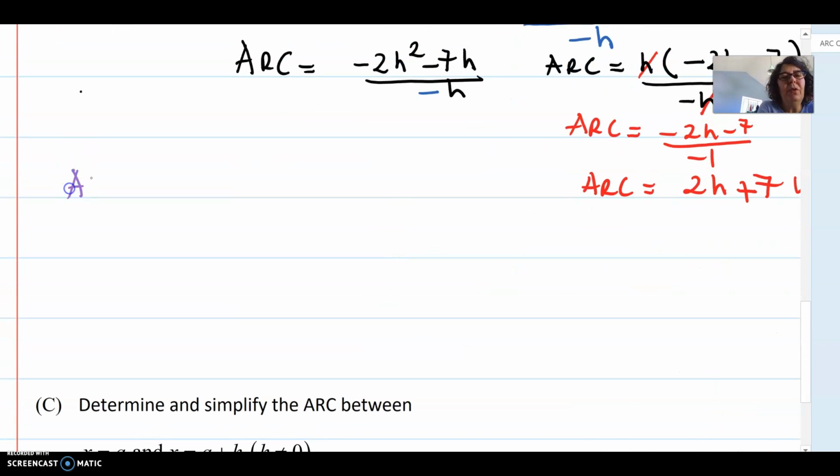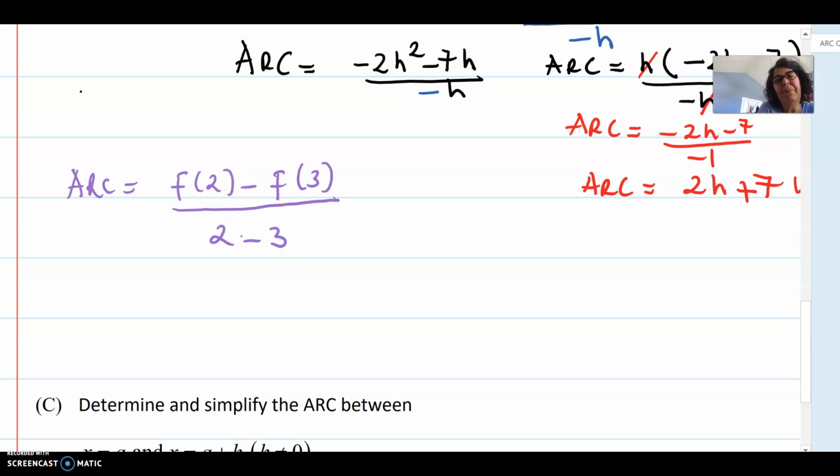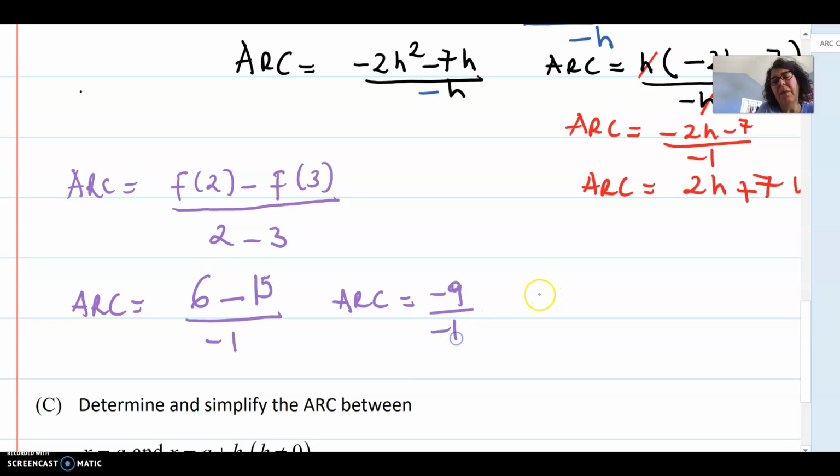Then average rate of change will be f of 2 minus f of 3 at the top. At the bottom, follow the x order, 2 minus 3. So f of 2 was 6, f of 3 was 15, divided by -1. That will be -9 over -1, which will be 9, and whatever the units, that will be the answer.